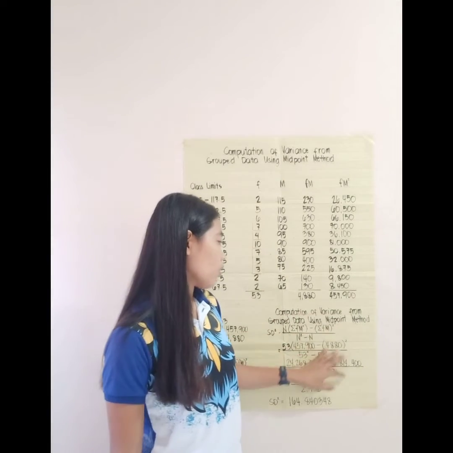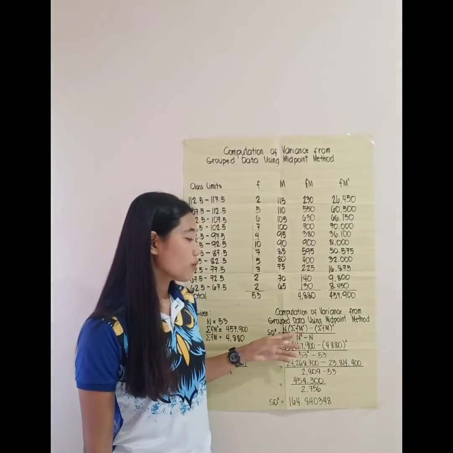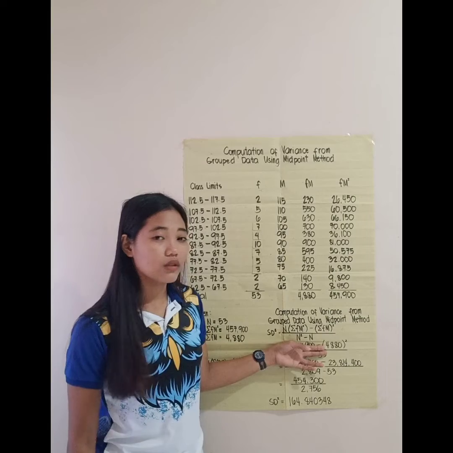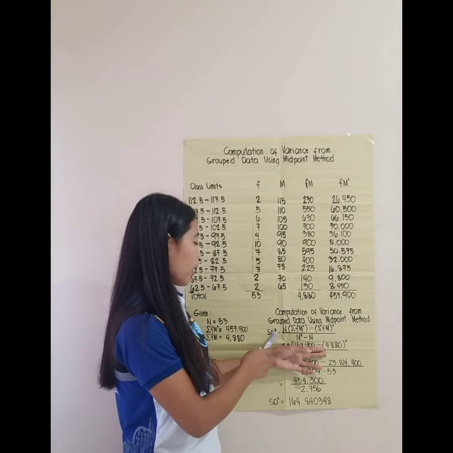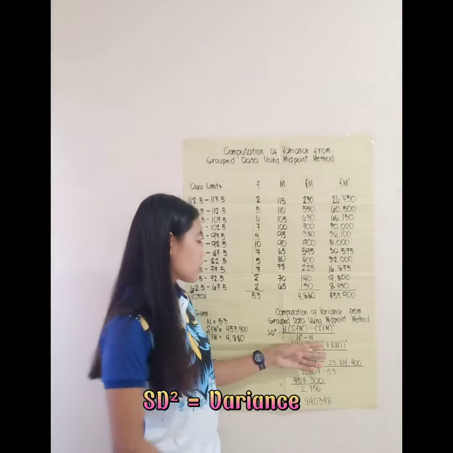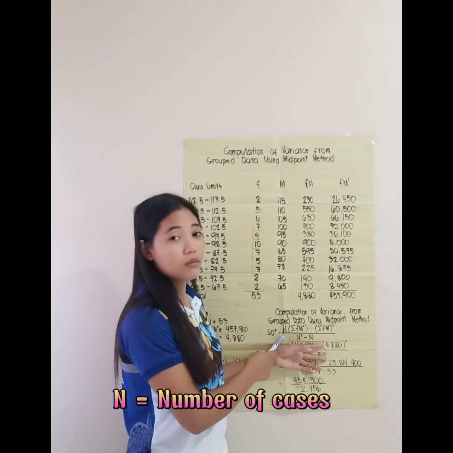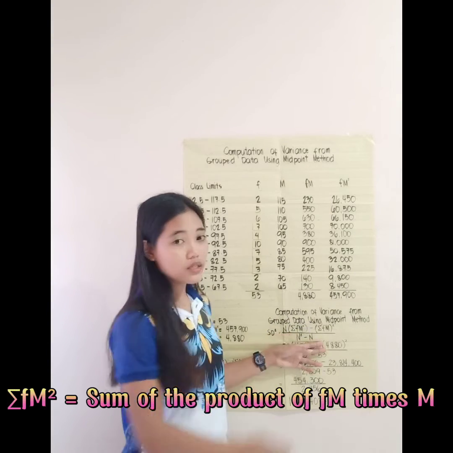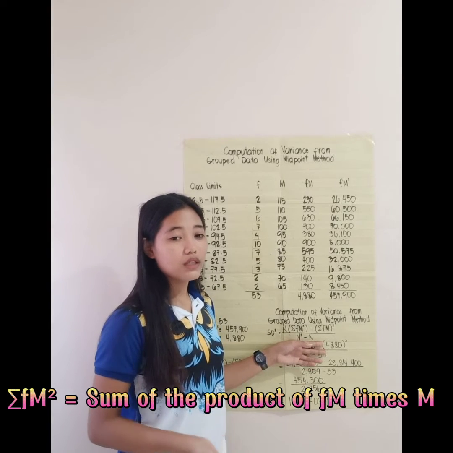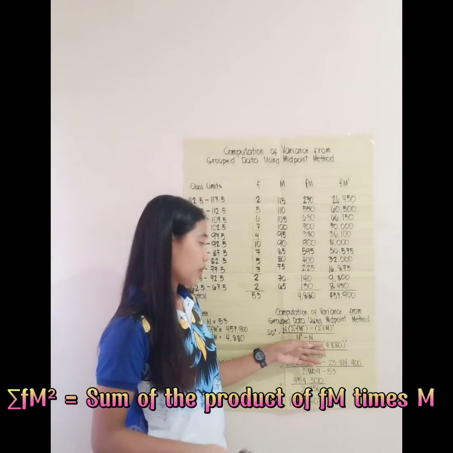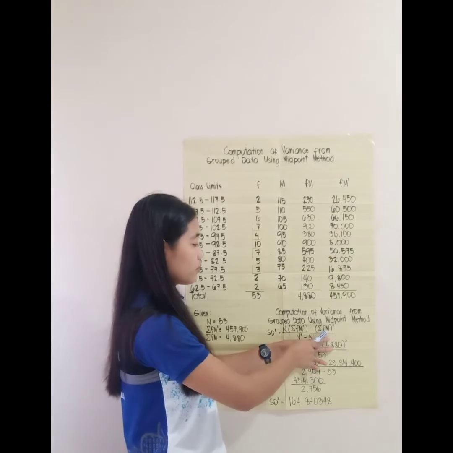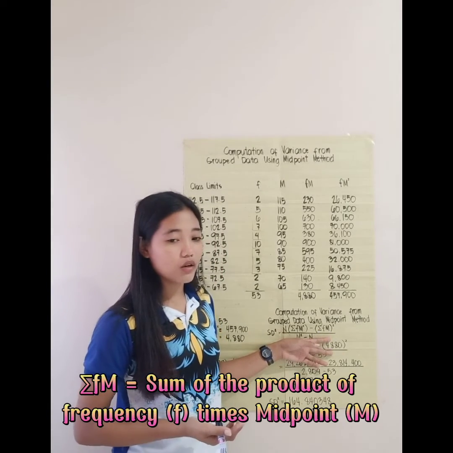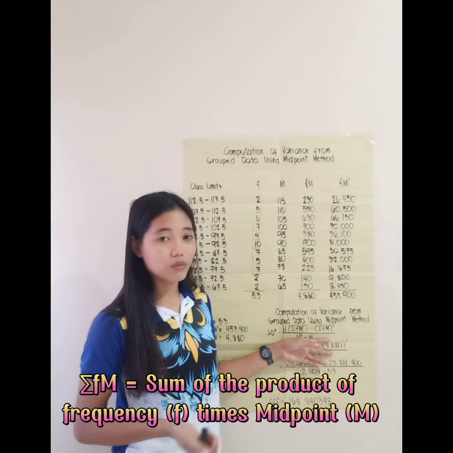So this is the computation of variance from grouped data using the midpoint method. Again, in our formula, SD squared stands for variance. N is the number of cases. The sum of FM squared stands for the sum of the product of FM times M. The summation of FM stands for the sum of the product of frequency times midpoint.